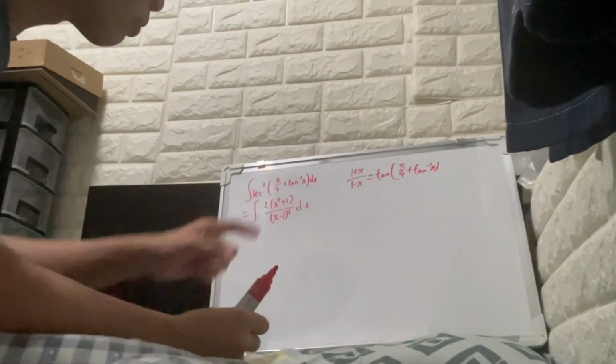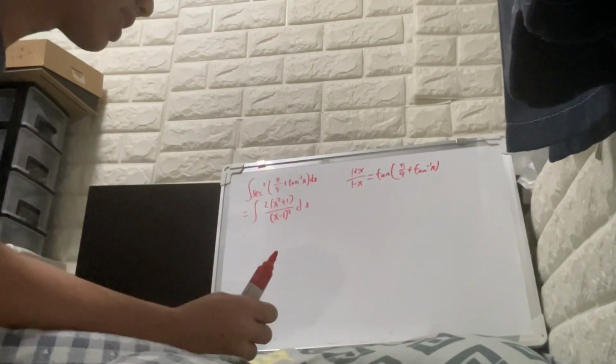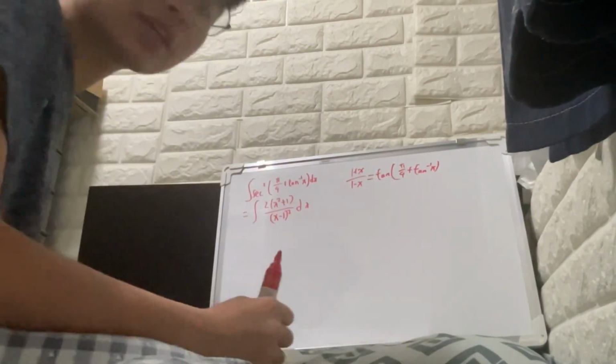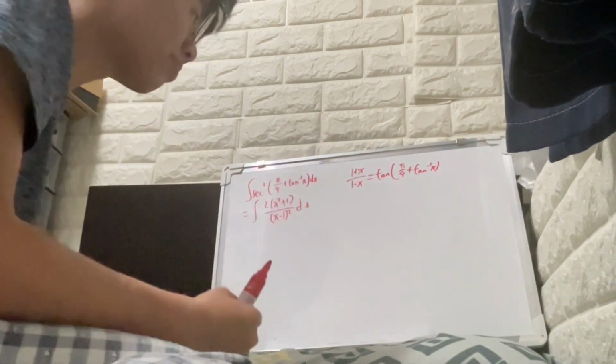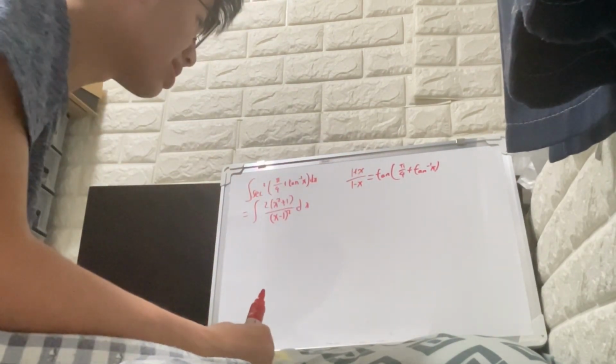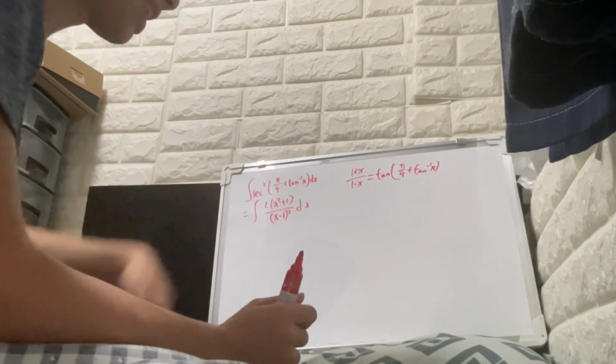And how can we get a secant here? First, we gotta square both sides. Square the tangent, you get tangent square, and tangent square you can change to secant square minus 1. Then you add 1 on one side, so you can get that.